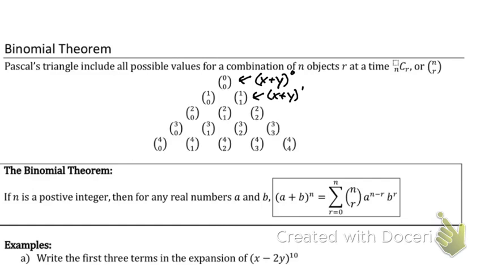If I am doing x plus y squared, that's going to be 2 choose 0, 2 choose 1, 2 choose 2. That will tackle all of my coefficients without having to draw that whole thing over and over again. So what we're doing on every one of these rows is every one of those are going to be your exponent.